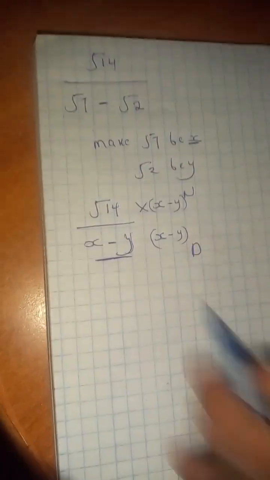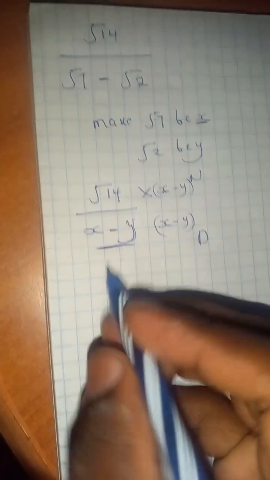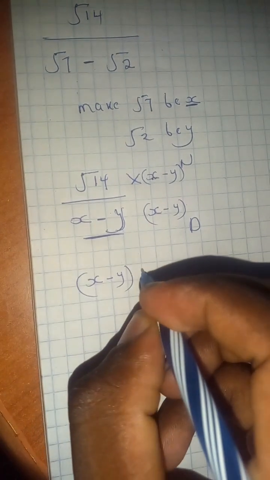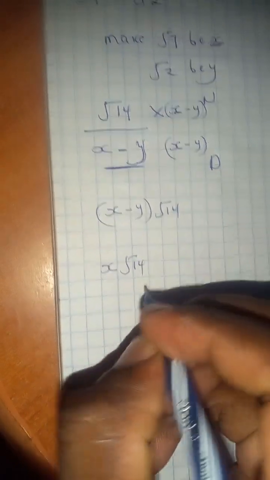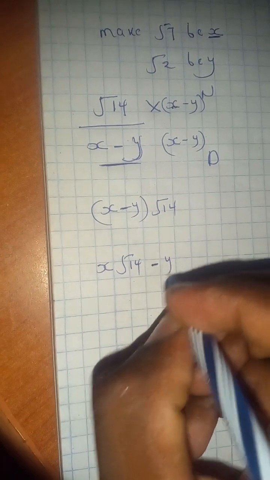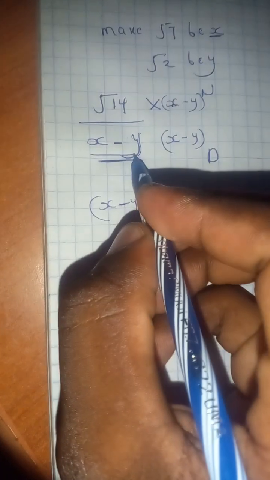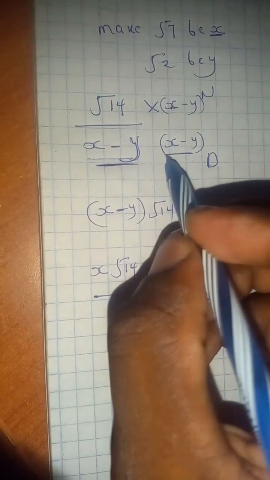So you'll get x minus y multiplied by root of 14. So it will be x root of 14 minus y root of 14, then you divide it by x minus y multiplied by x minus y.